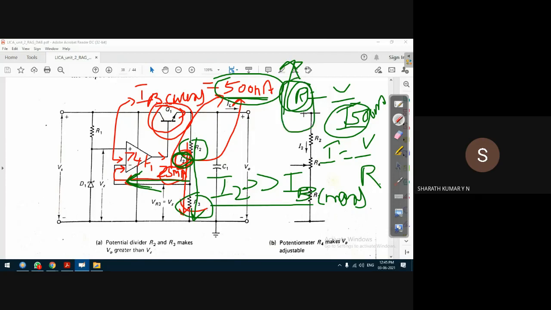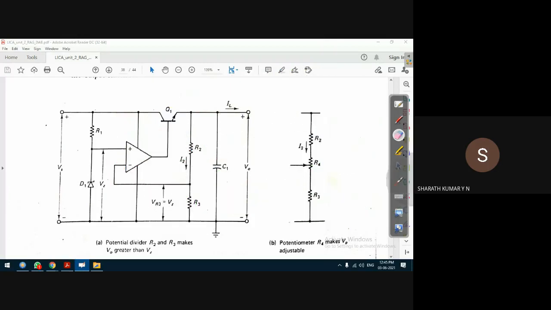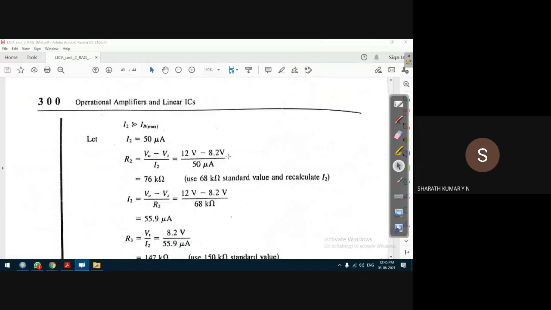So we have to design R2 and R3 for I2, not for IB max. That is the reason why I2 is assumed to be larger than IB max. Of course, the textbook author has not separately explained this point, but it is understood. It's a straightforward concept, nothing surprising about that.